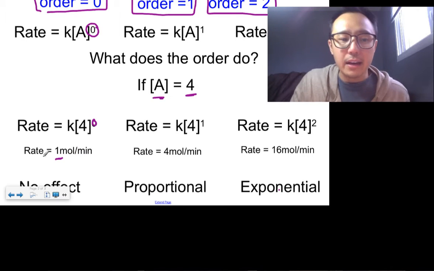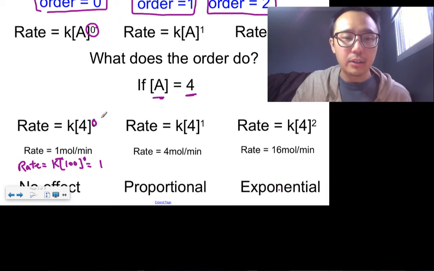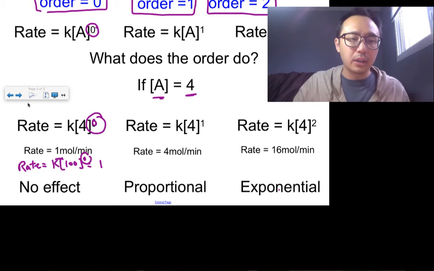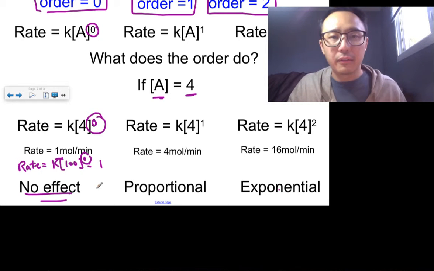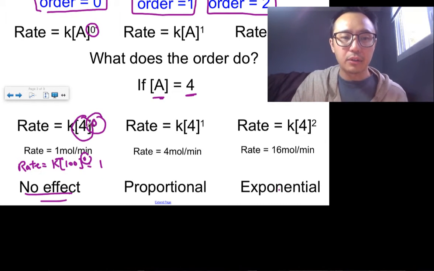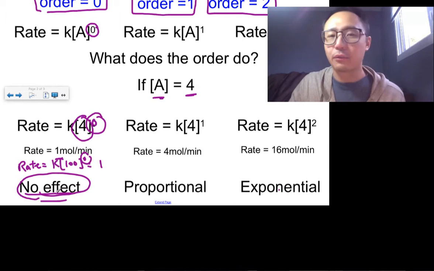Let's try another number: rate is equal to k times 100 to the power of 0. Well, this becomes 1 as well. So you're going to see that the order of 0 actually has no effect on your rate. To repeat that, if the concentration of A has an order of 0, it's not going to affect your rate of reaction.